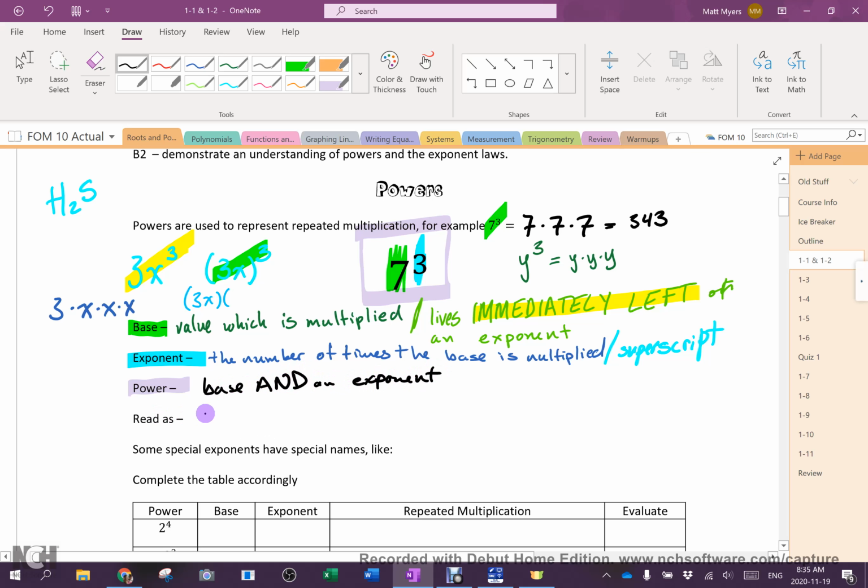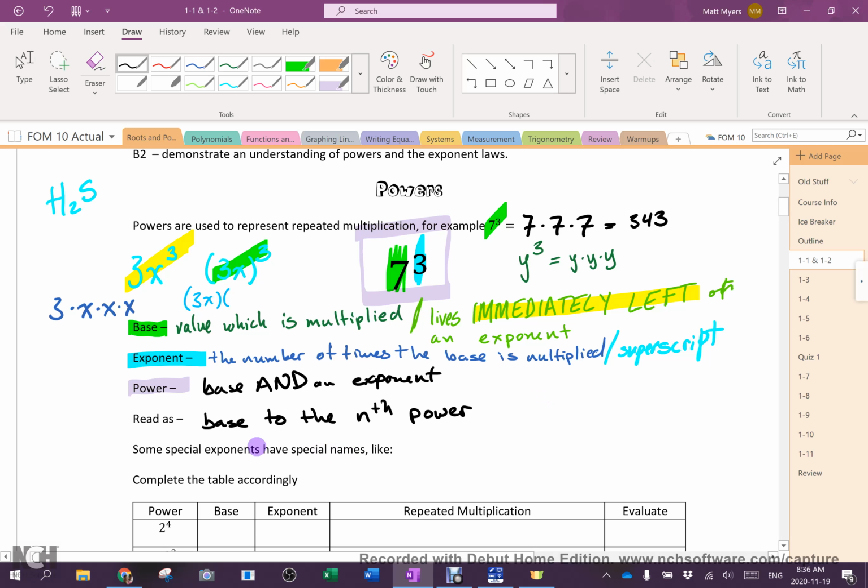And you read that as base, whatever the base is, to the nth, whatever the power is, power. So this is 7 to the third. 8 with a 9 up there would be 8 to the 9th. Right? You all know this already. This is grade 9 stuff. You don't need to worry about wasting a lot of brain power on this, because you already know it.